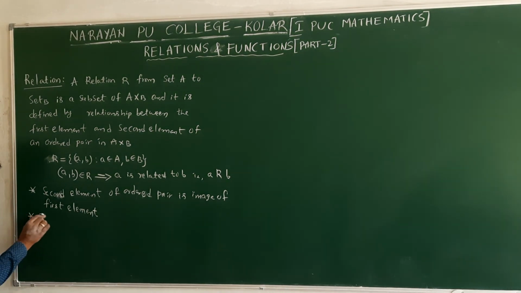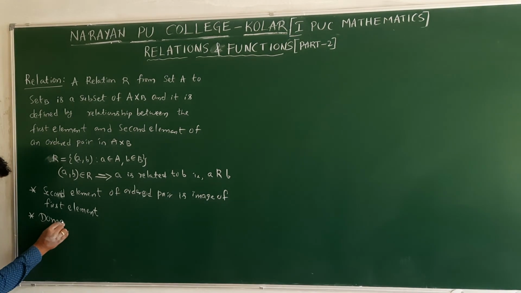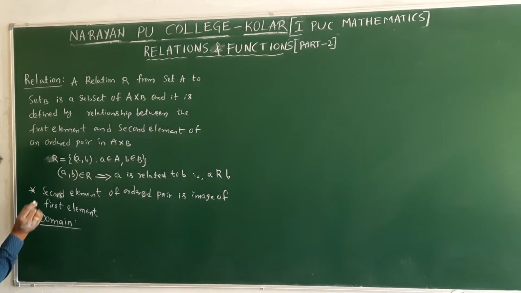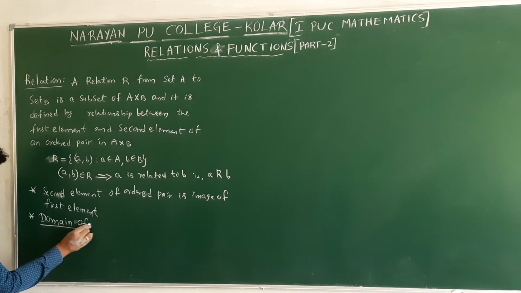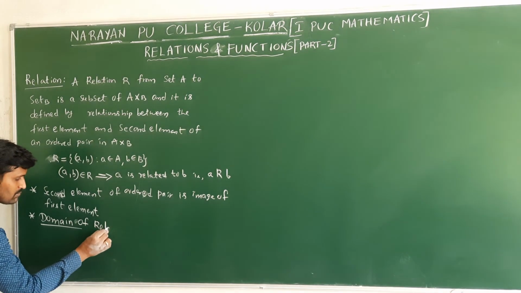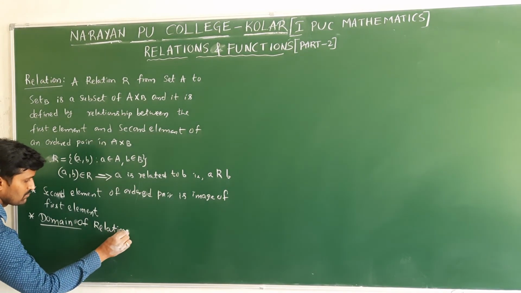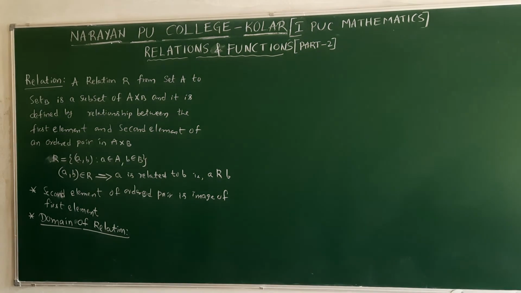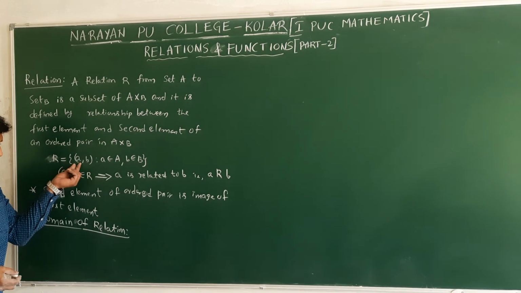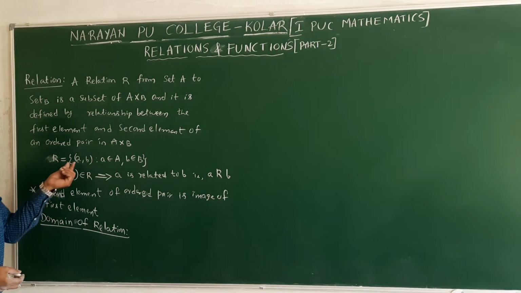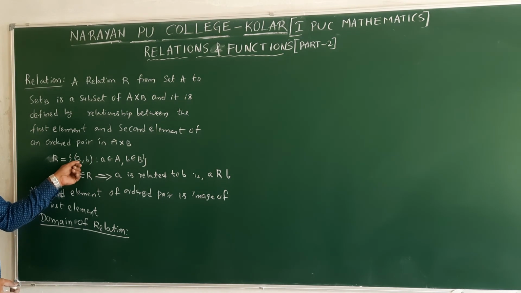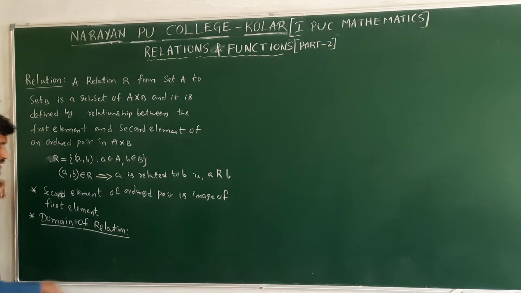Next, you should know the meaning of the domain of a relation. The set of first elements of the ordered pairs in a relation, all those first elements, we call the domain.